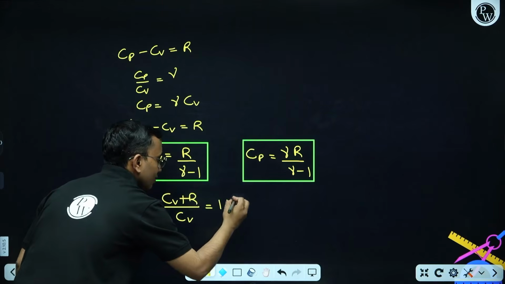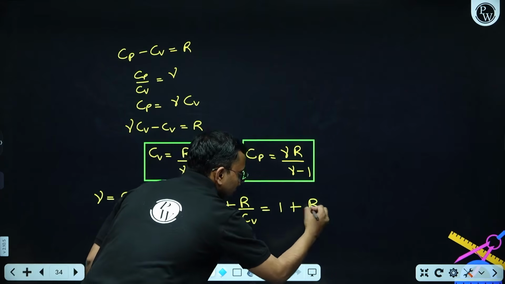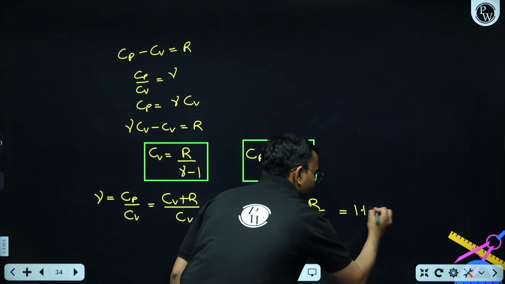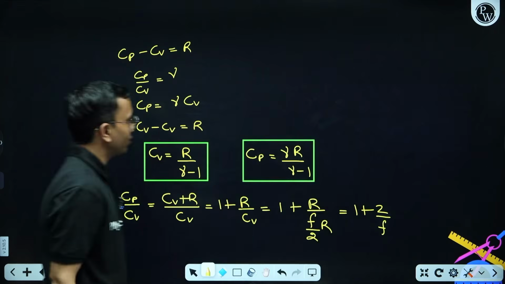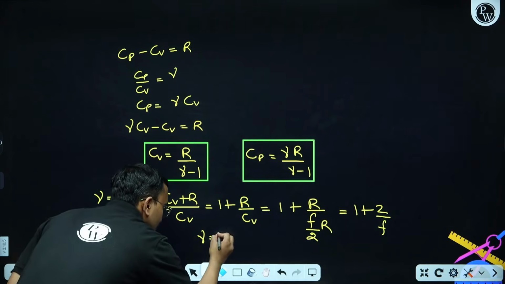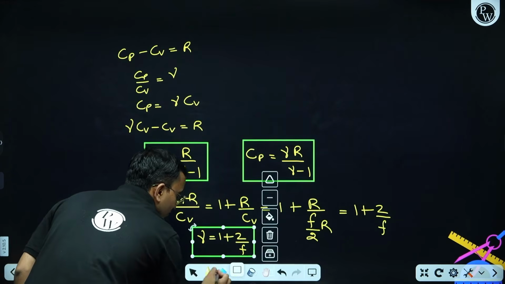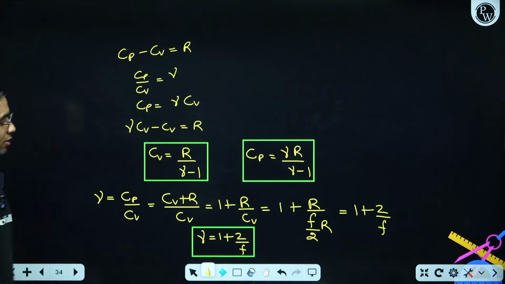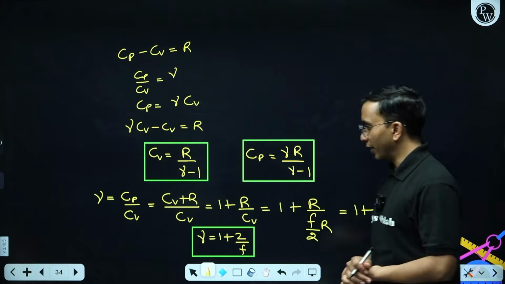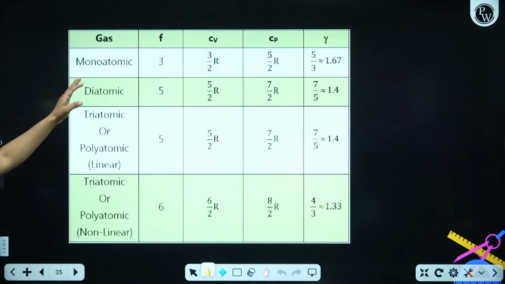This is 1 plus R by Cv, where Cv is equal to F by 2 into R. So this becomes 1 plus 2 by F. So I'm getting my gamma is equal to 1 plus 2 by F, relating gamma with degree of freedom. Fine. Okay. Now here for monatomic gas, F is 3.